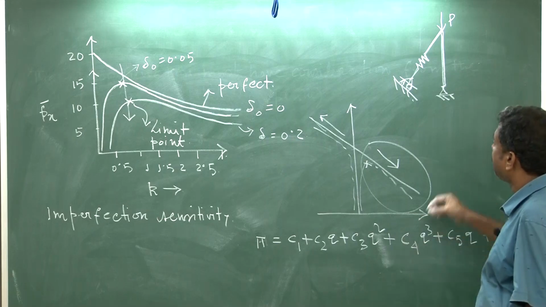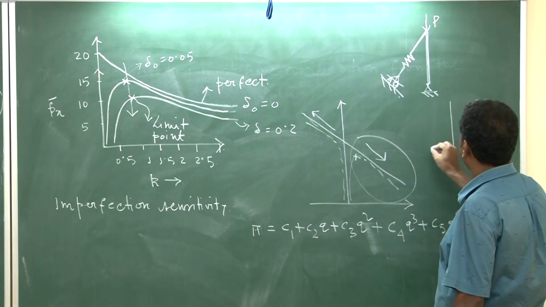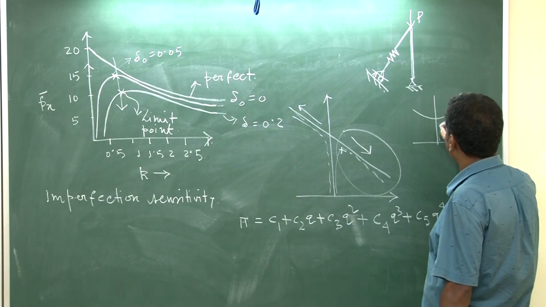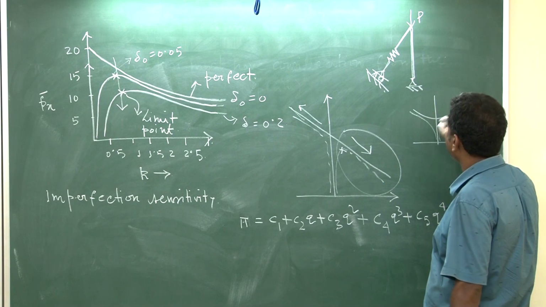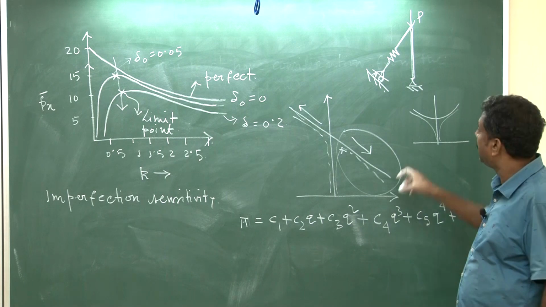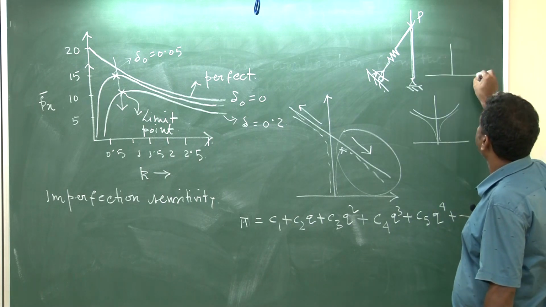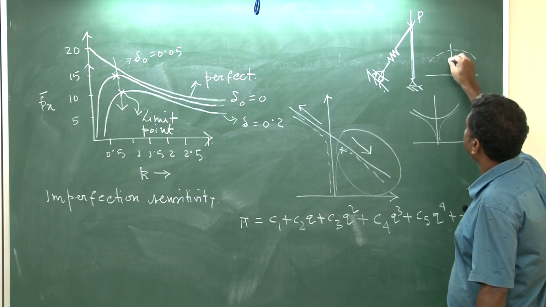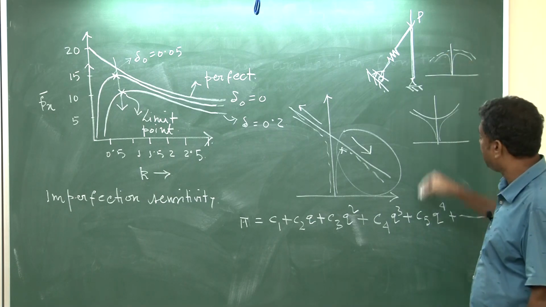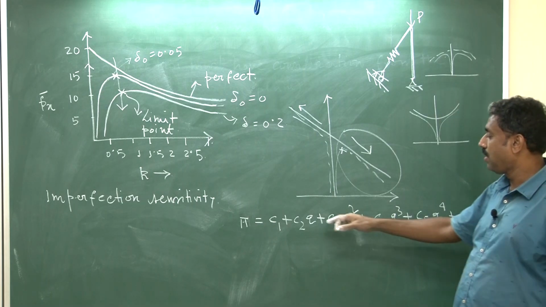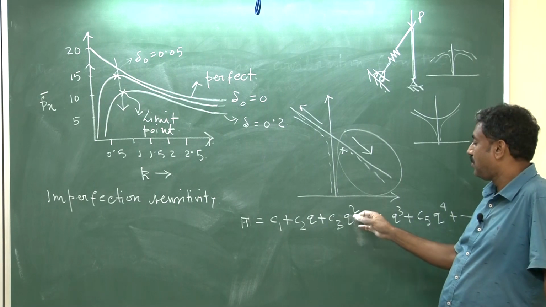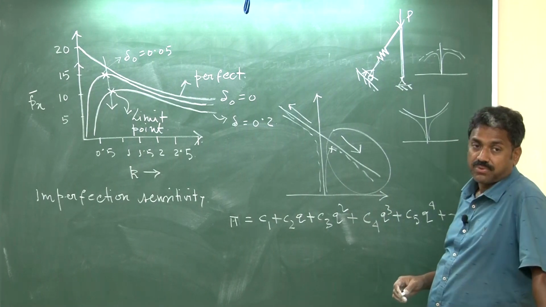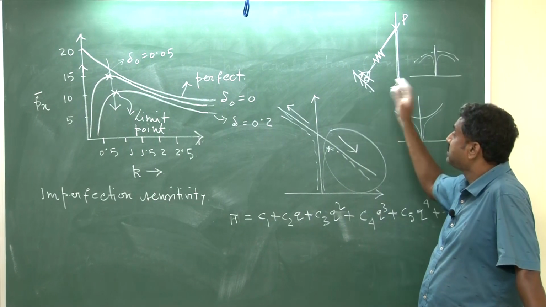So, we can see this kind of equilibrium path, and then on imperfection, this was stable symmetric, and then we have also seen a symmetric but unstable path. But in all these cases, they were symmetric bifurcations, including the square term and the quartic term, Q square, Q to the power 4, even power terms. That is why they were symmetric.